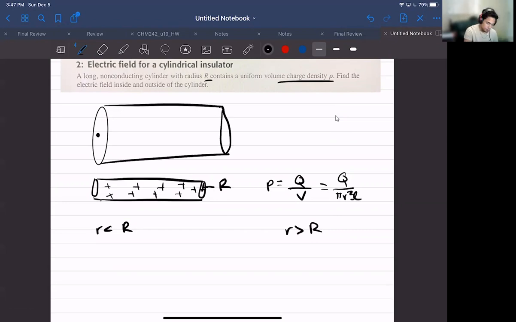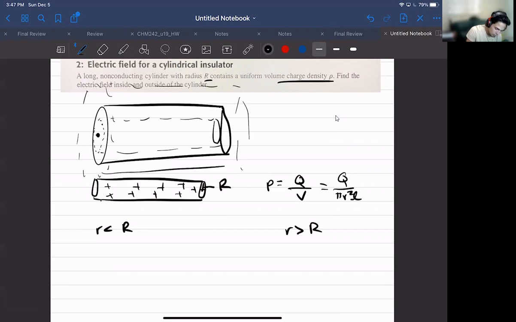I am going to find the electric field in a region like this, and in a bigger region outside of that area. Okay. So first, for lowercase r smaller than R, within that cylinder, we can write an equation for the electric field.